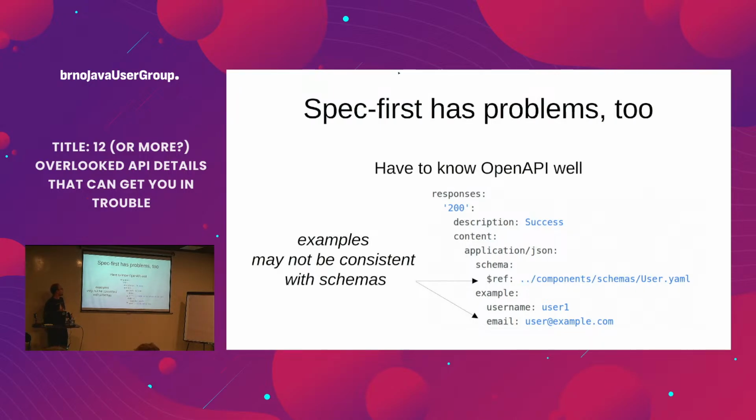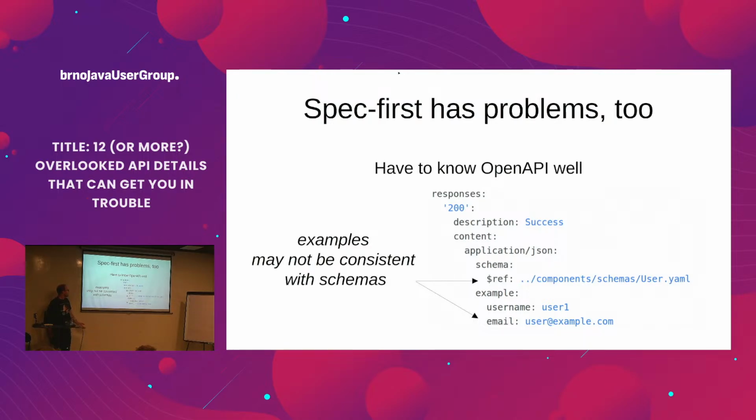So, for example, a great example: OpenAPI allows you to specify examples for your schemas, for your payloads that are valid, and that's great because it can help both humans and machines to have a better view of what's valid for your endpoints.